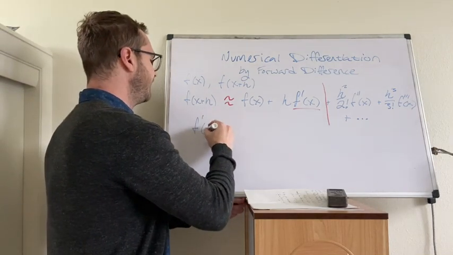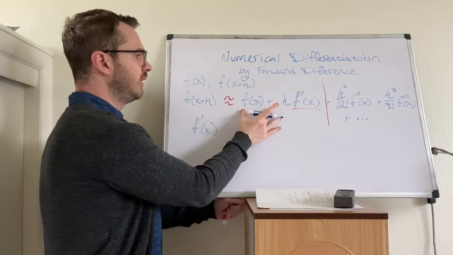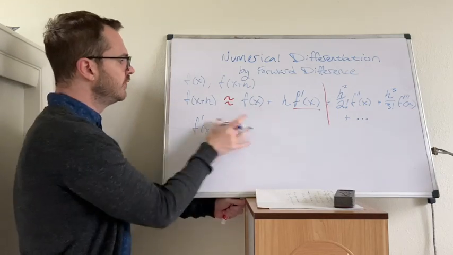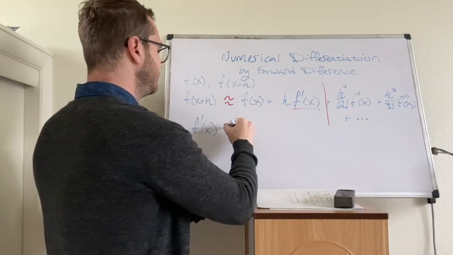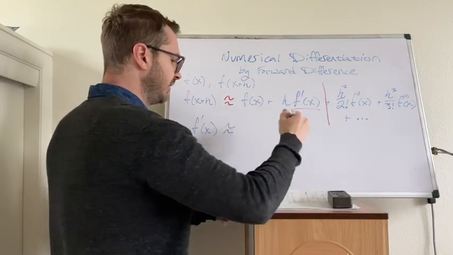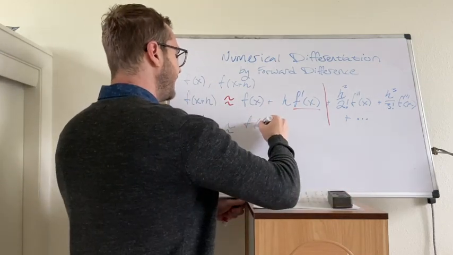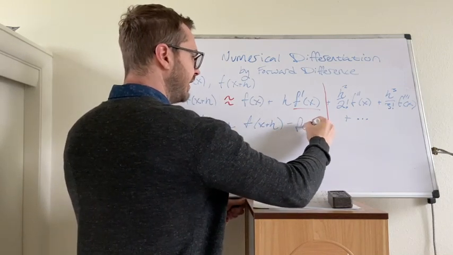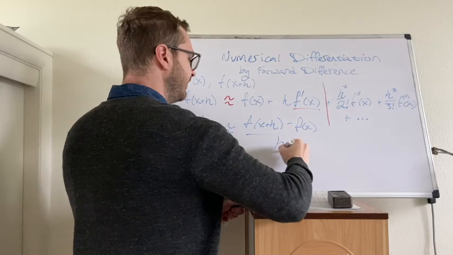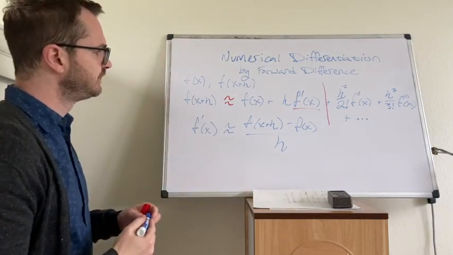F prime of x is going to equal, well, what do we need to do? We need to move f of x to the left-hand side, and we need to divide by h. So this is approximately equal to f of x plus h minus f of x, divided by h.